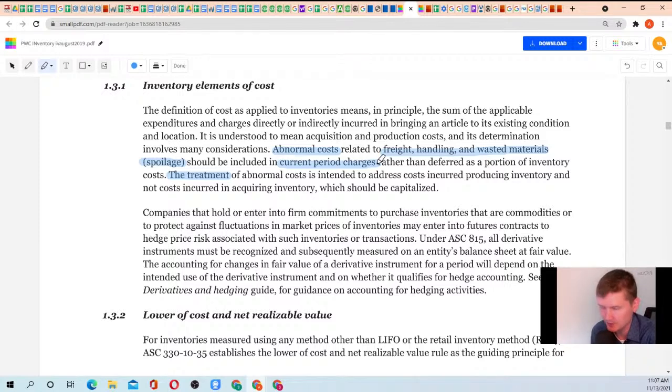If you figure out that you need to write off more, let's say 20 mattresses, you need to write off all the costs related to these mattresses. You do not capitalize your costs to 80 mattresses. You need to write off your extra spoilage.